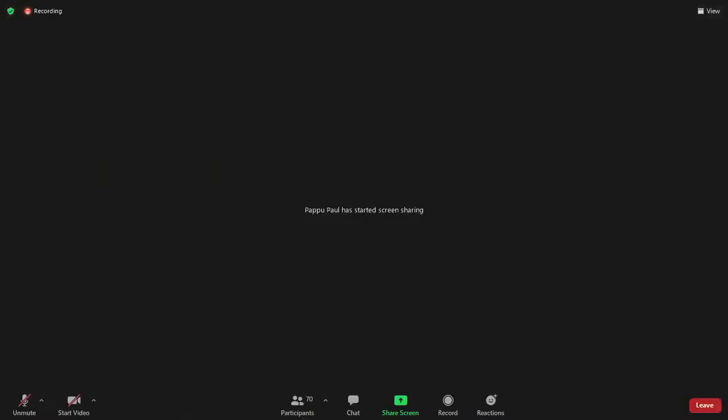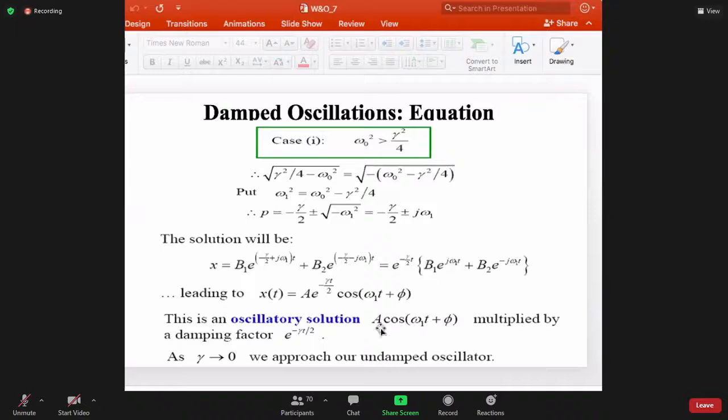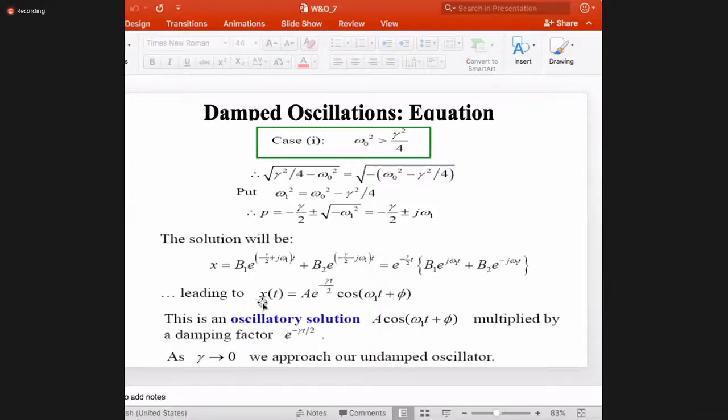If I share my screen, you can see that our solution was x of t is equal to A e to the power minus gamma t by 2 cos of omega 1 t plus phi, as we already discussed in my previous class. So the solution of damping oscillation when omega naught square is greater than gamma square by 4 is of this form.